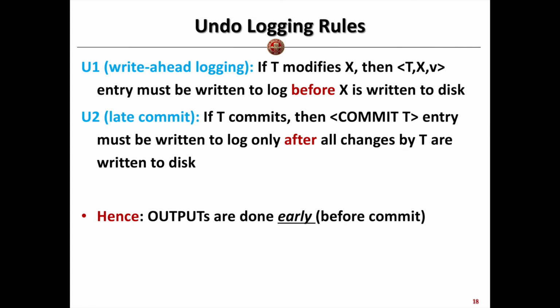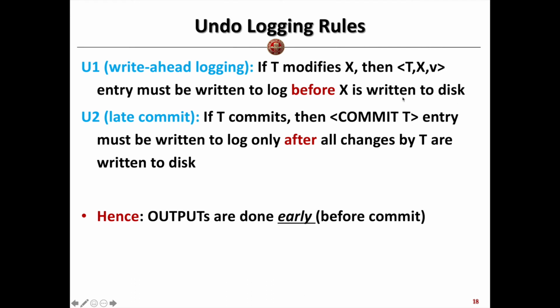Besides the records, we also have some rules for undo logging. The first rule is called write-ahead logging. If a transaction plans to modify an element like X, then this <T, X, V> record must be written to the log file before X is written to the disk.